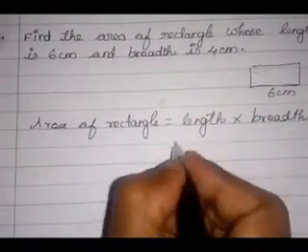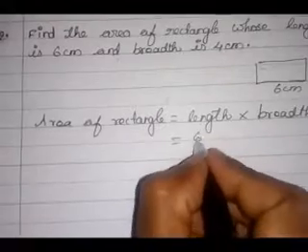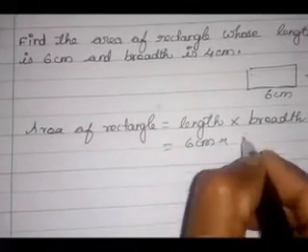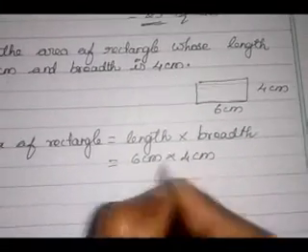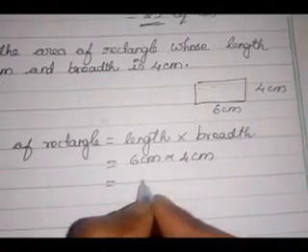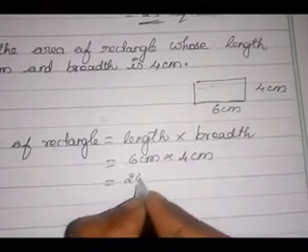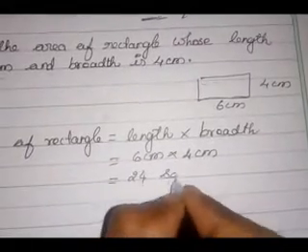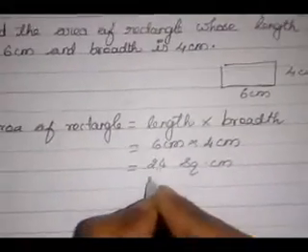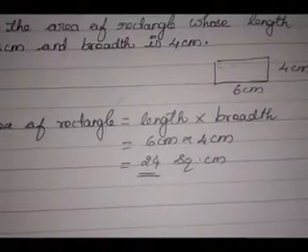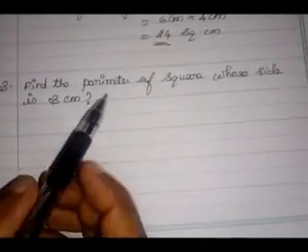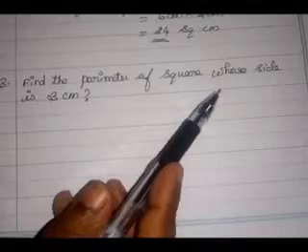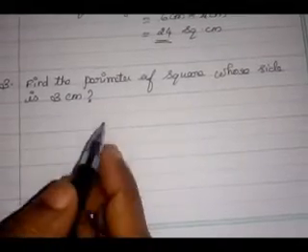Length is 6 centimeter, breadth is 4 centimeter. So 6 into 4 is 24. Area is always measured in square centimeter, so we write square centimeter.